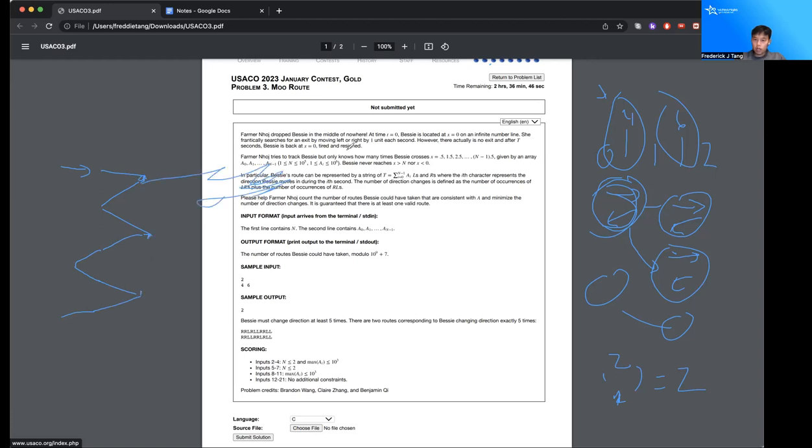If n was more than 2, like 4, it still wouldn't matter, because he knows that whatever happens here, he's going to come back down, and the direction changes won't be affected, right?